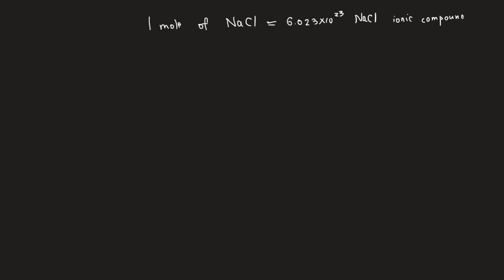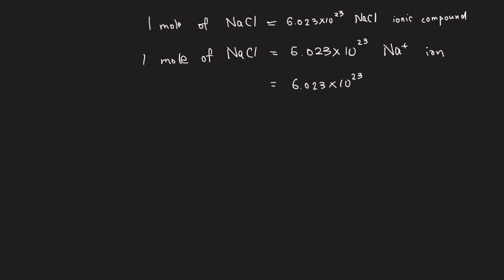How about if I ask you how many ions there are? For 1 mole of sodium chloride, you will have 6.023 times 10 to the power 23 sodium ions, or 6.023 times 10 to the power 23 chloride ions.